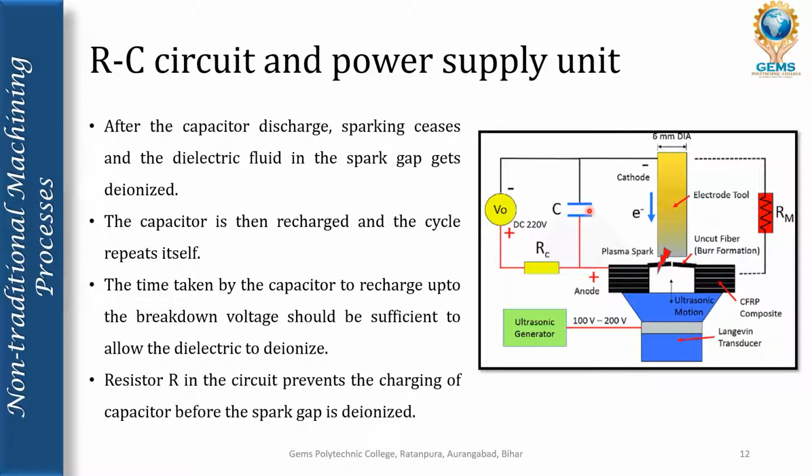Suppose sometimes, before the dielectric fluid gets deionized, the capacitor gets overcharged, which means a problem will arise. In order to reduce that problem, the resistance is provided in series. So this resistance will control and prevent the charging of the capacitor before the spark gap gets deionized.